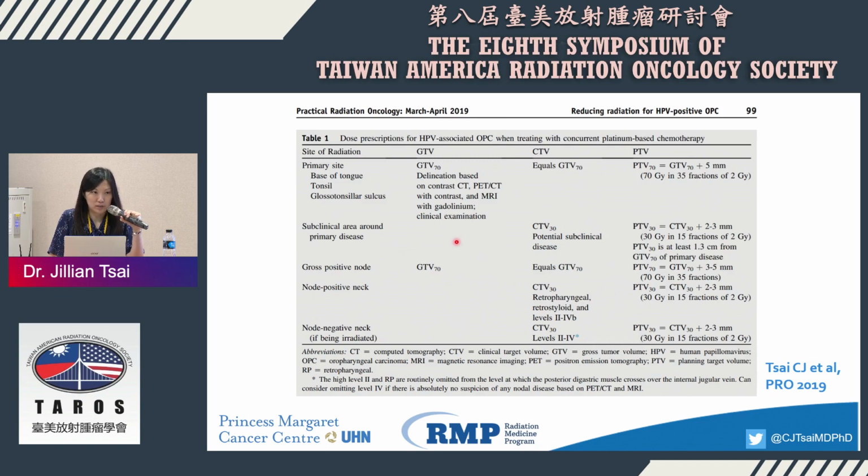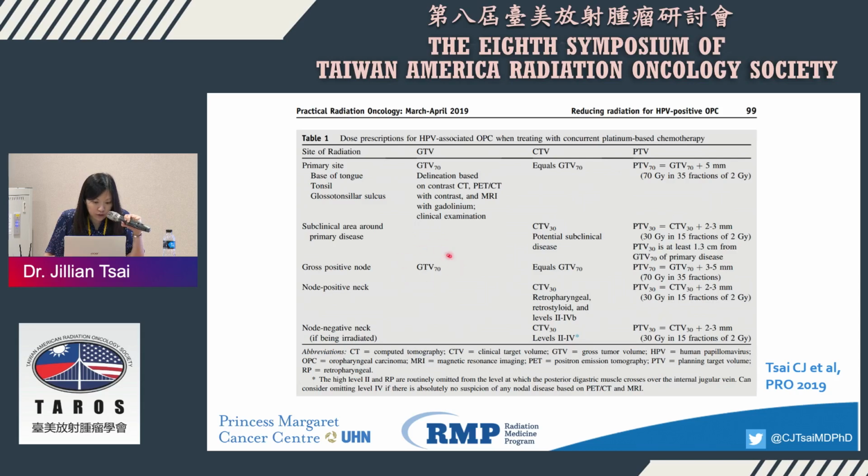Normally, you would use other doses, but here there's only 2 doses. And then we also reduced the margin. As I mentioned, we went from GTV 70 directly to PTV 70 with a 0.5 centimeter margin. So there is no CTV 70.